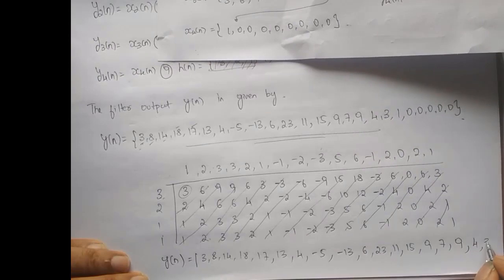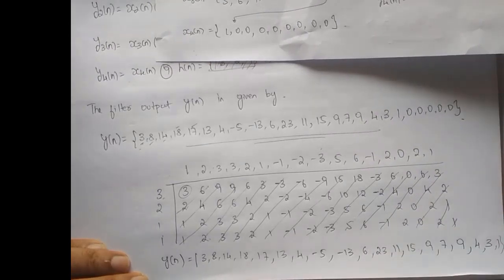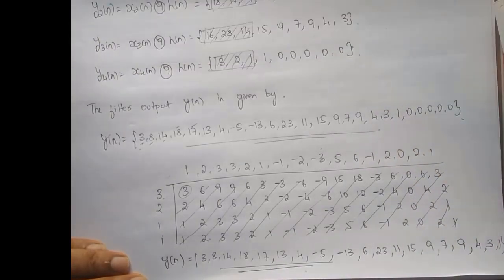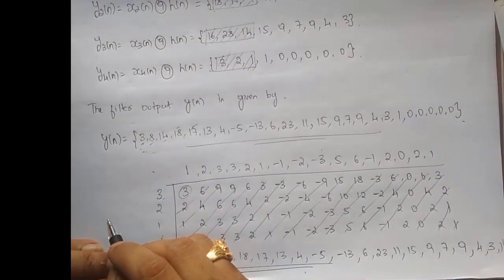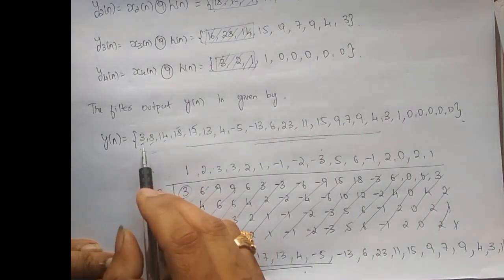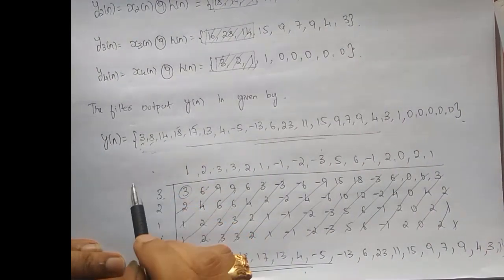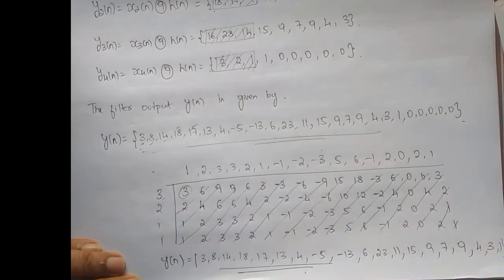This is 3 and this is 1. So basically, whatever output you get from the overlap save or overlap add method is actually a linear convolution, obviously because it is the output of an LTI system, and the output of an LTI system is what? A linearly convolved sequence.